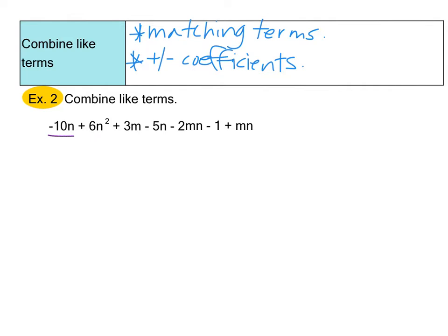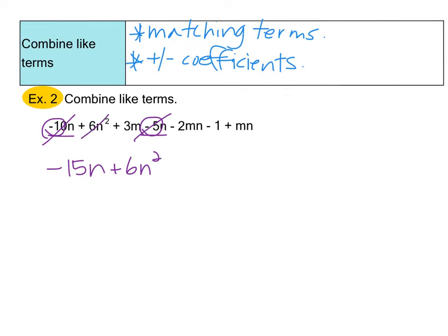However, -10n and -5n have the same variable, so we just combine those coefficients out in front. -10 minus 5 would be -15n. Those two terms are combined. The next term I see is plus 6n squared, and there are no other n squared terms. I'll leave that one as is.